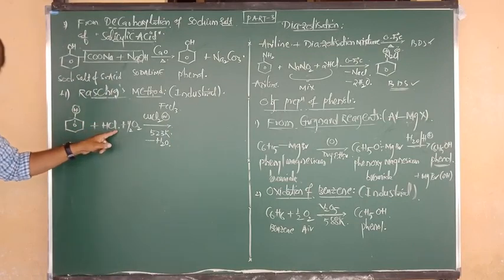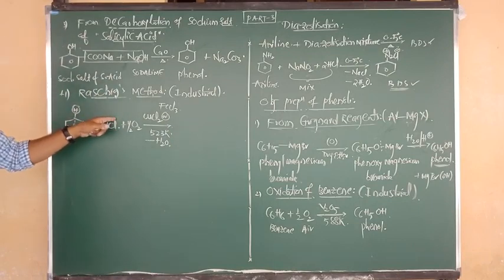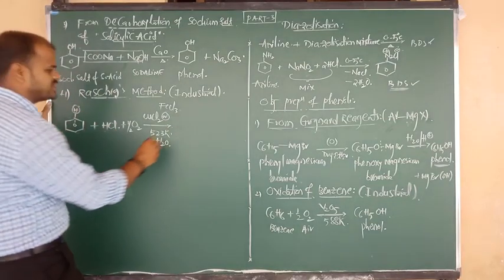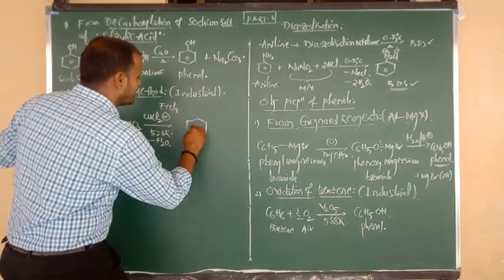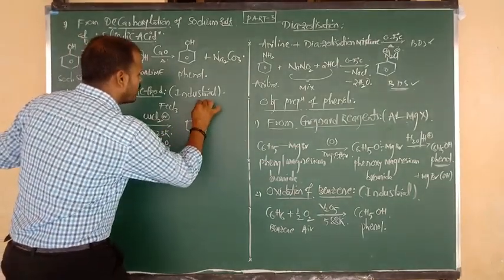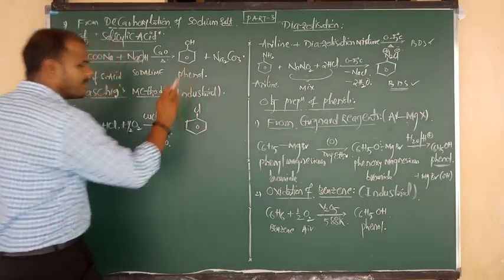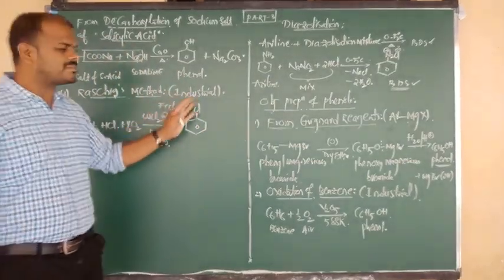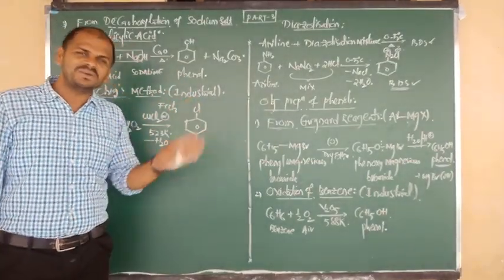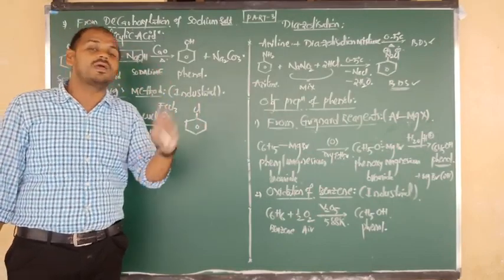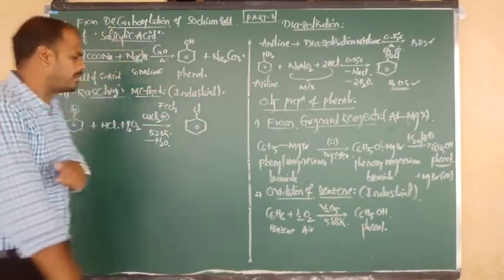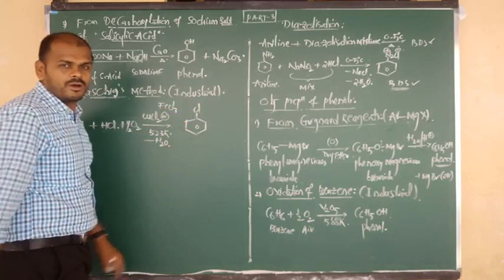Remaining is only free Cl plus, which attacks upon benzene. So here we are getting the product chlorobenzene. This means it is a haloarene. That's why I told you we have studied this in the haloarene chapter. If you want, you can go and refer there. So this is a haloarene, or chlorobenzene.